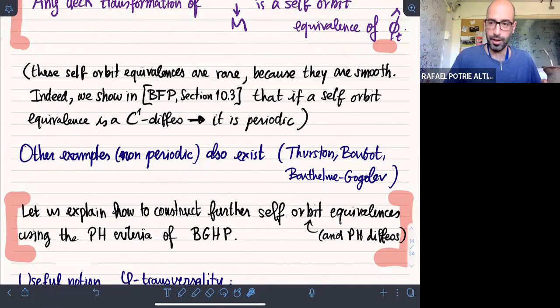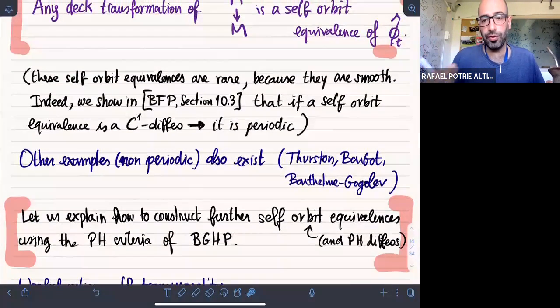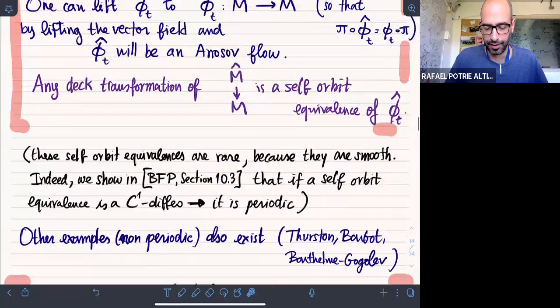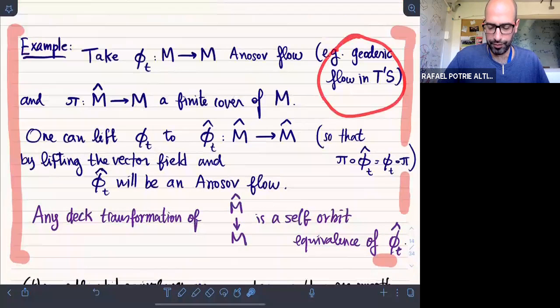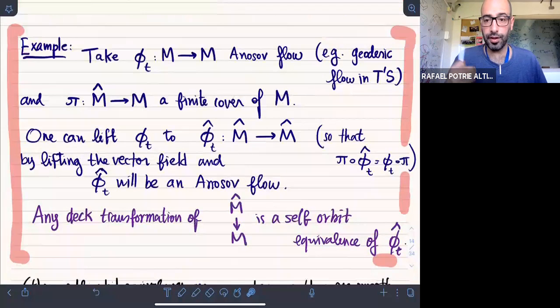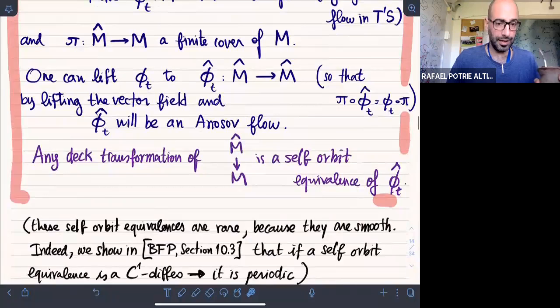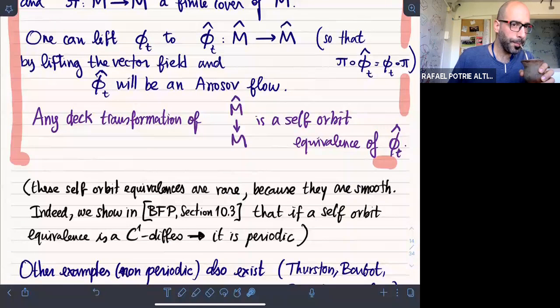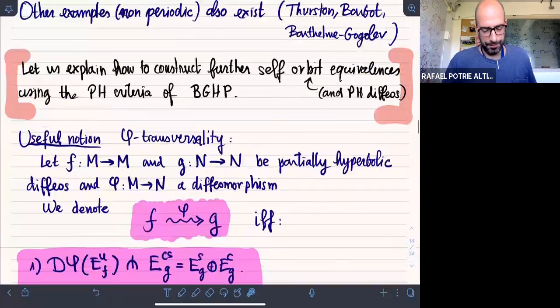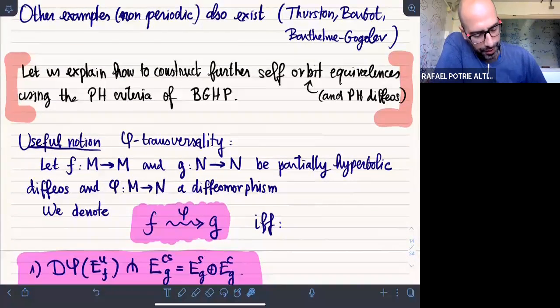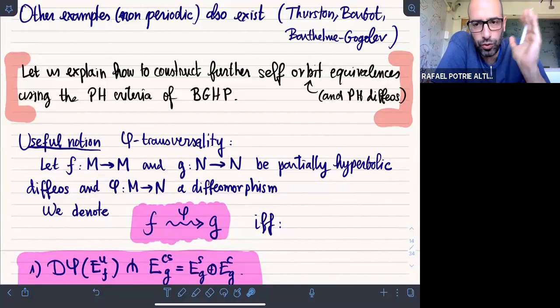So in the rest of the talk, let me try to explain how to produce these new examples, and I will restrict to the case of the unit tangent bundle of the surface that I discussed last time.